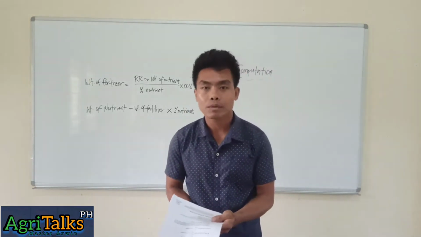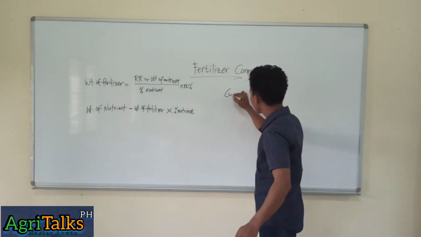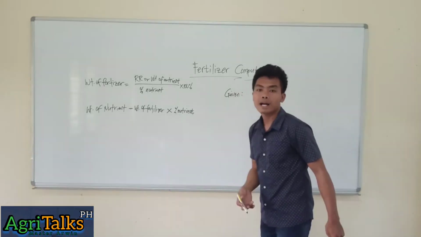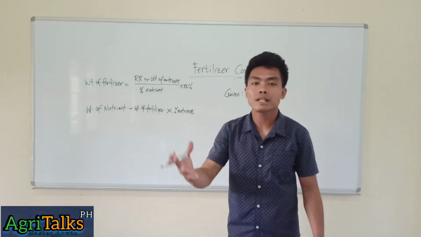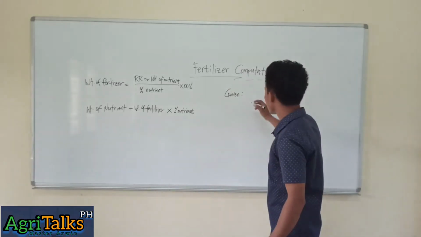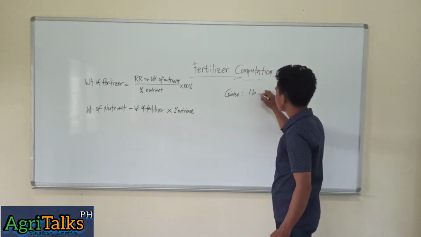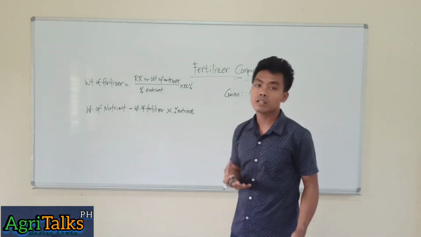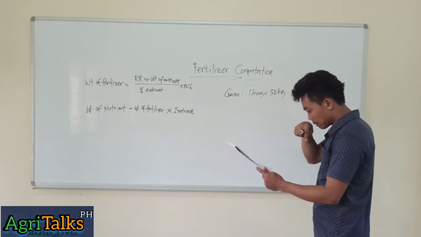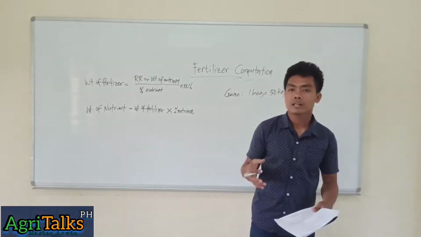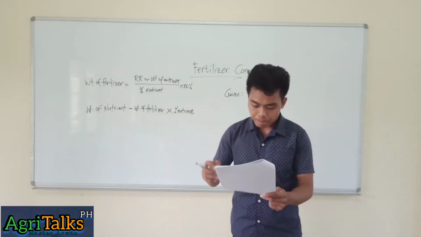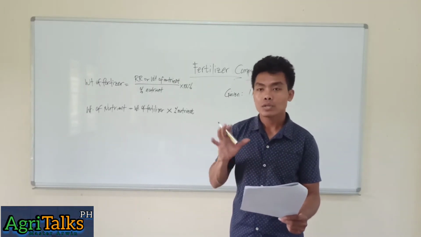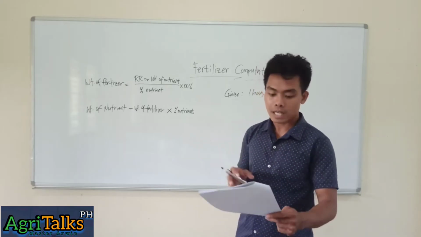So the given, guys, we have this given. Because the problem is talking about bags. Bags are equivalent to a sack. Okay? So, 1 bag is equivalent to 50 kilograms. Okay? That is their equivalent unit. And then, the question here is, how much nutrients had been applied using the following fertilizer materials?